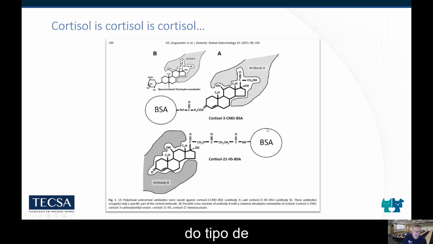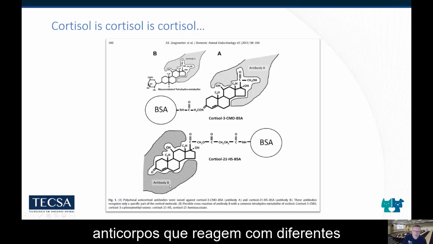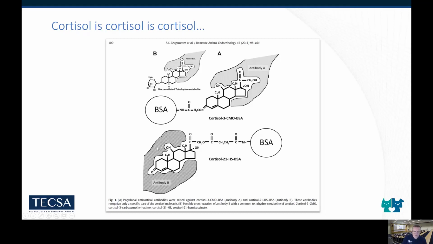So depending on what construct is made to induce those antibodies, we're going to get antibodies that react with different available elements of the molecule to interact with. So these different conjugation approaches are going to result in some very dramatically different antibody reactivities.